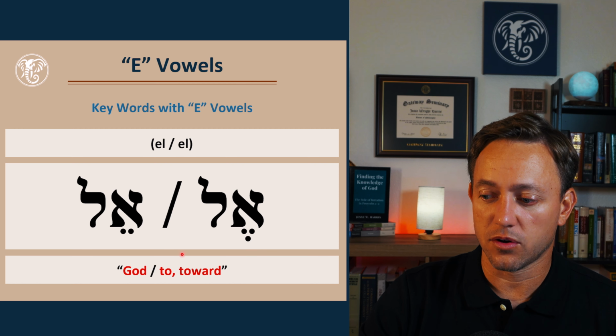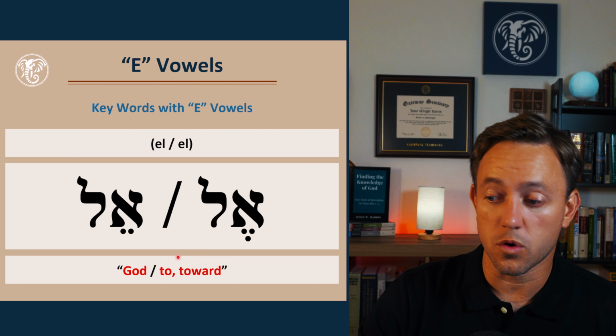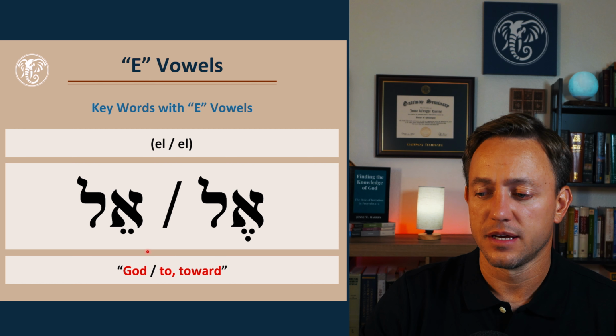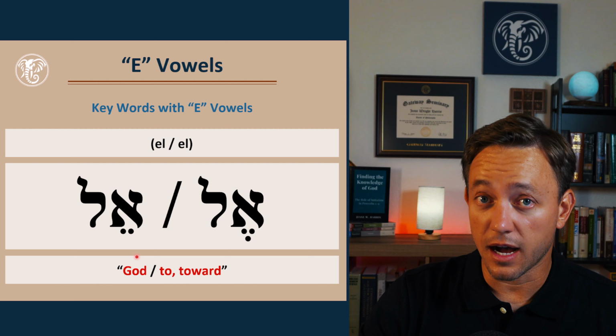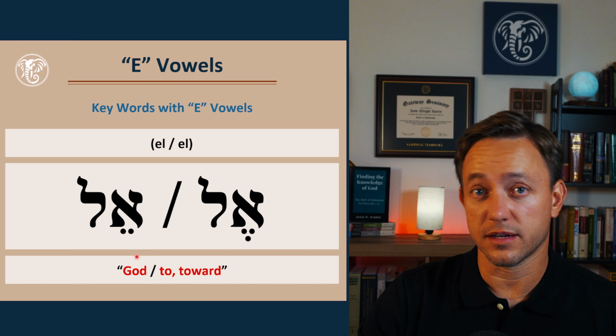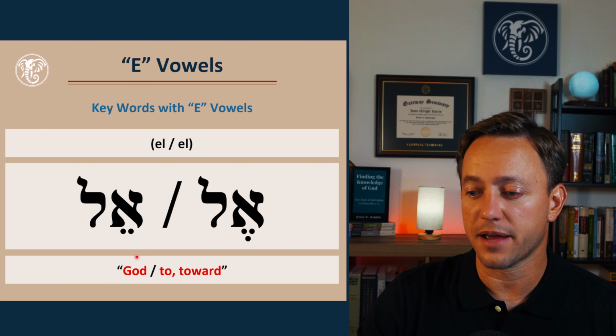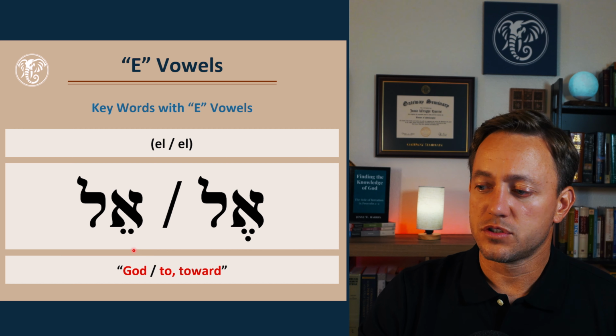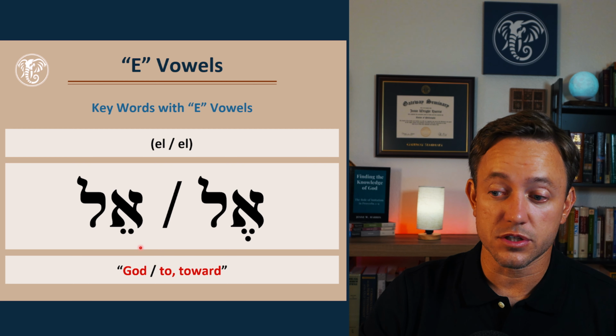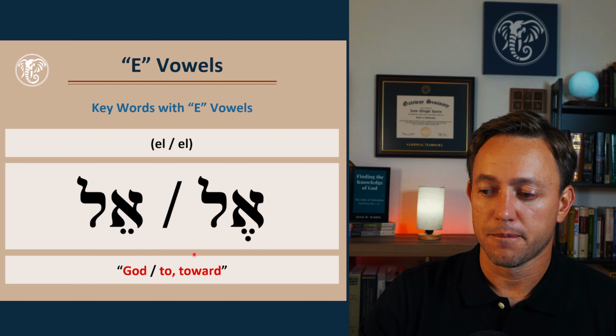El with the segol is actually the word to or towards, a preposition. And the word El with a sere is the word for God, as we've seen elsewhere, even with Elohim, right? So it's important to distinguish those vowels because that could give you a different translation or interpretation even.